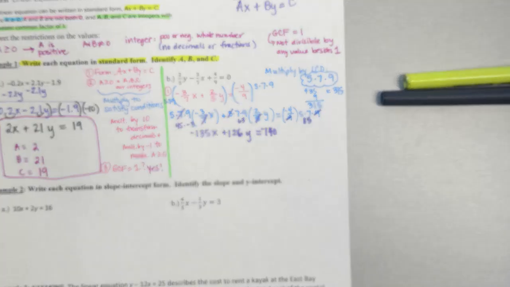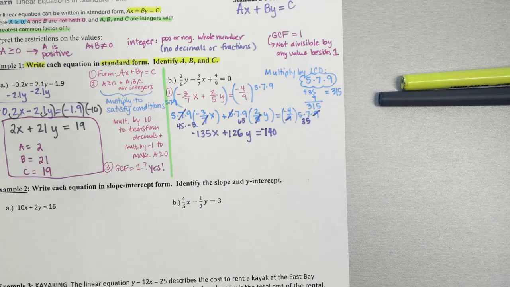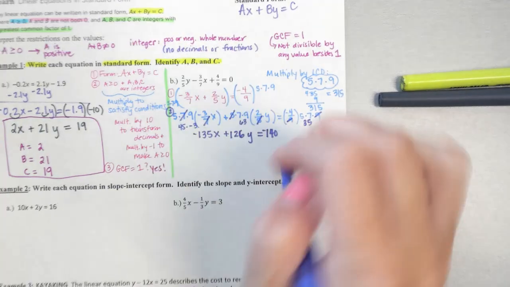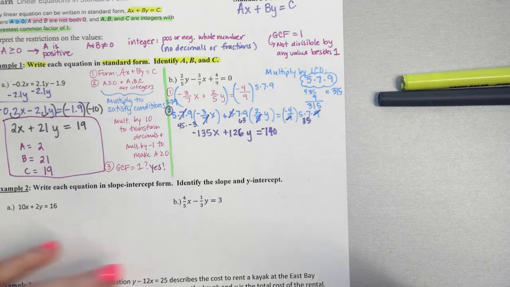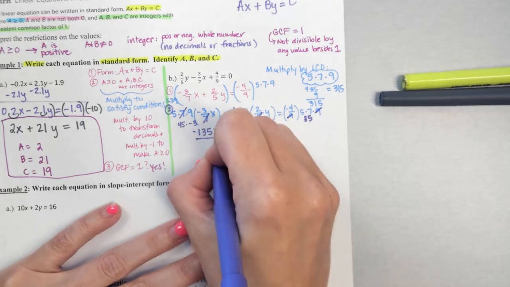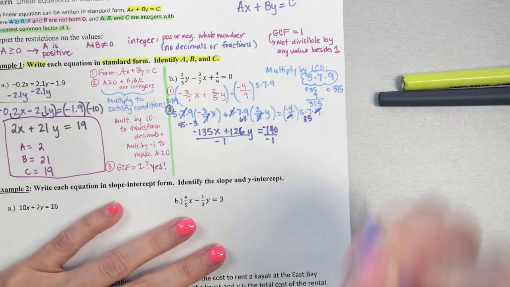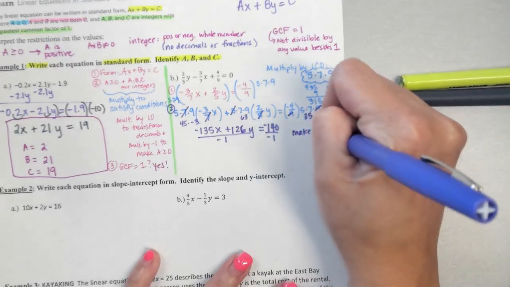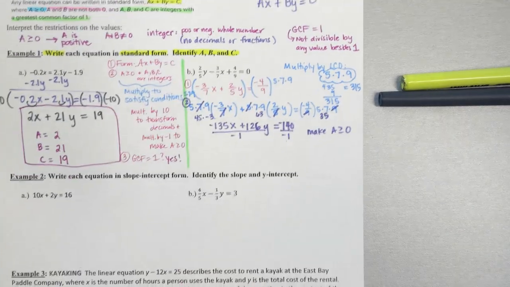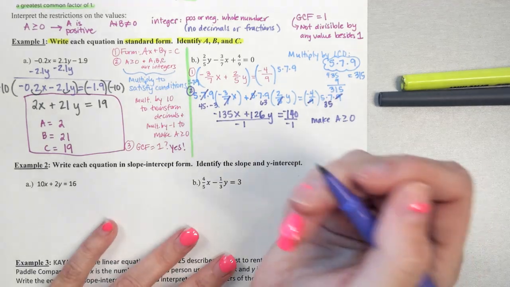Now, I decided to do this in 2 steps because I didn't want to overwhelm you, but now we want to make sure that the A value is positive. Okay, so you can either multiply both sides by -1, or you can divide both sides by -1. So to make A greater than or equal to 0, we'll just divide by our negative.